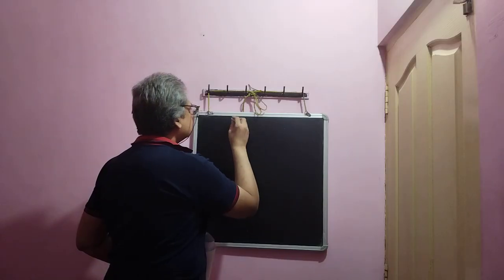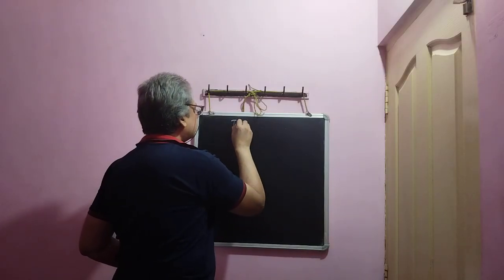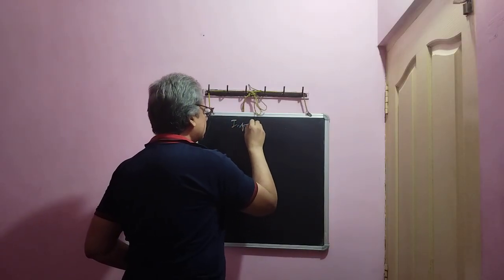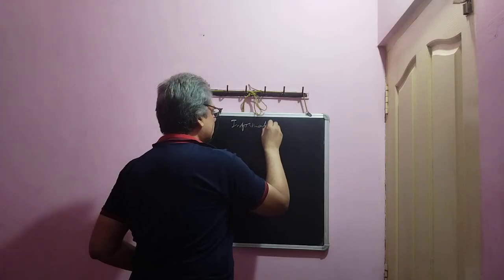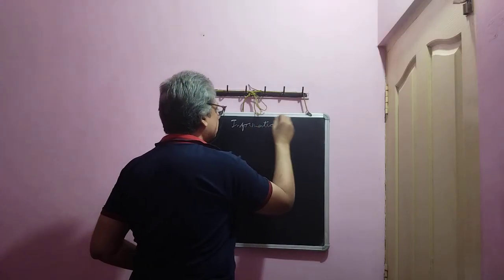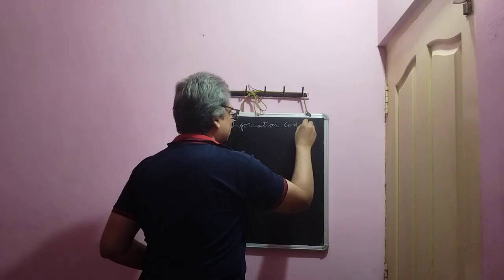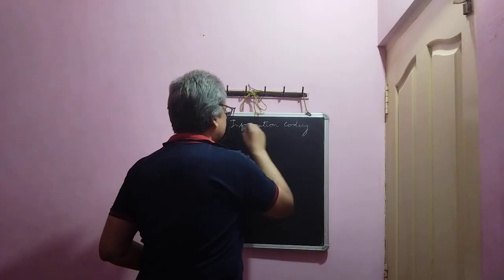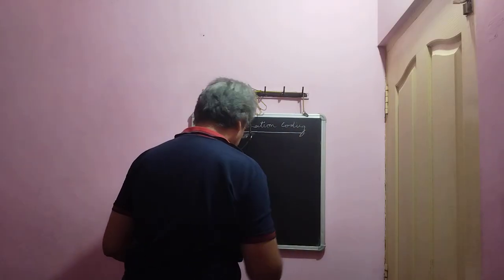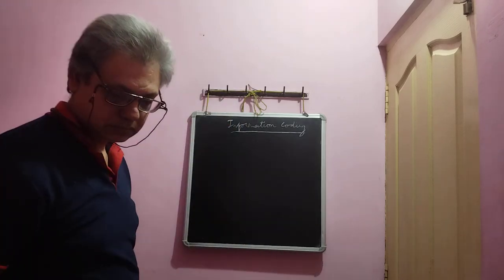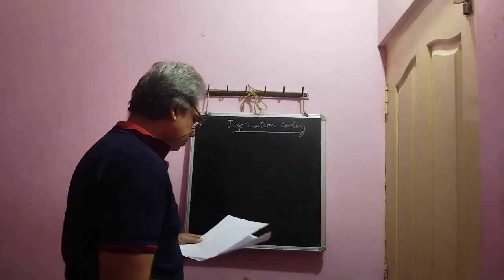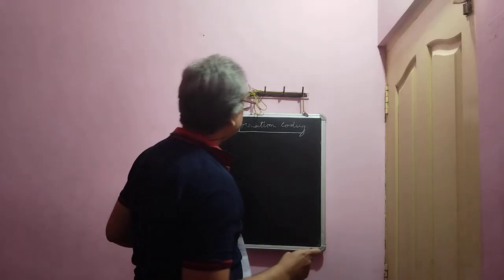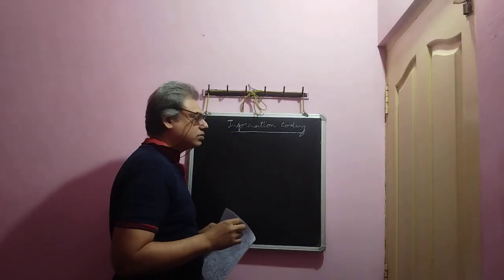This is again a video on information coding. So this is basically information coding for the purposes of error detection and correction.